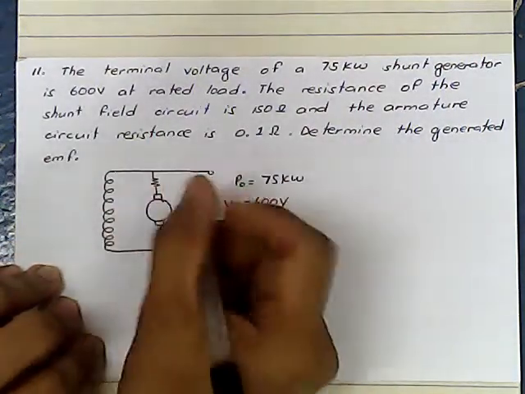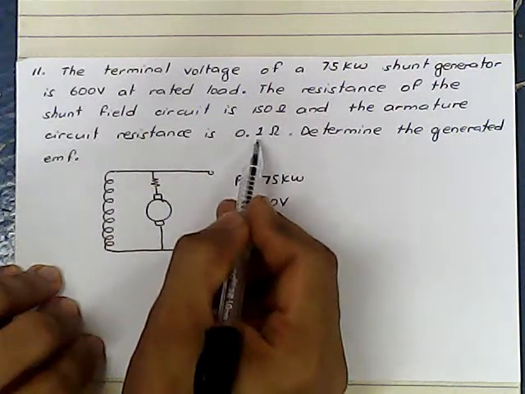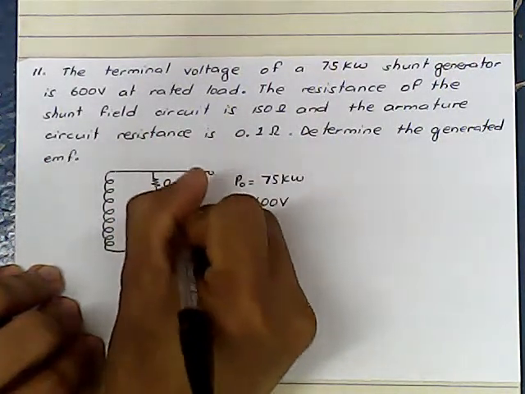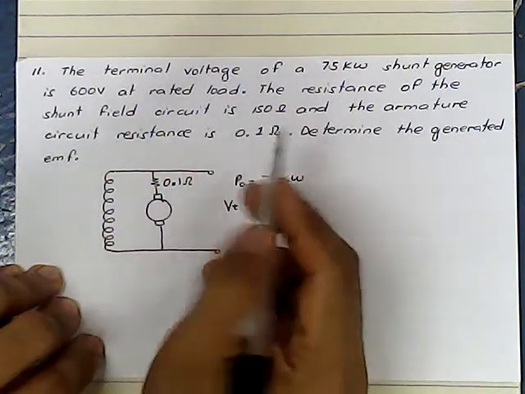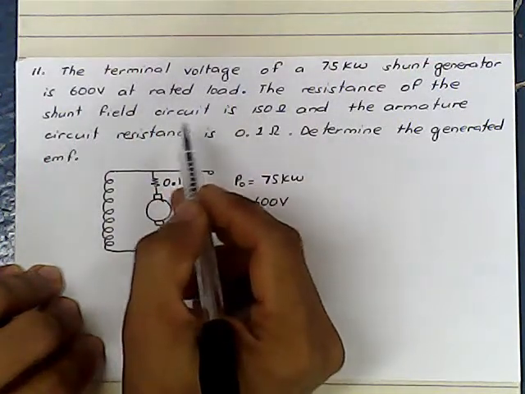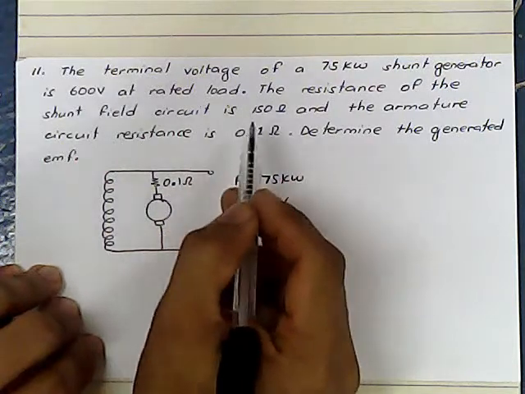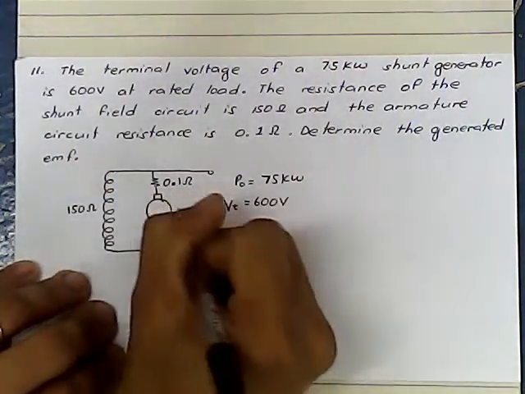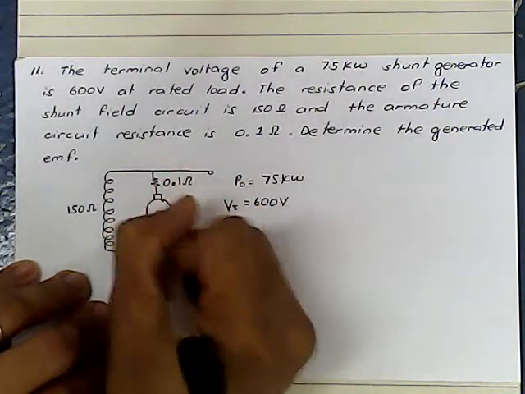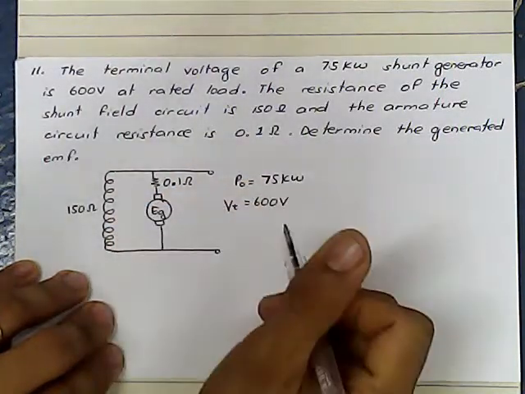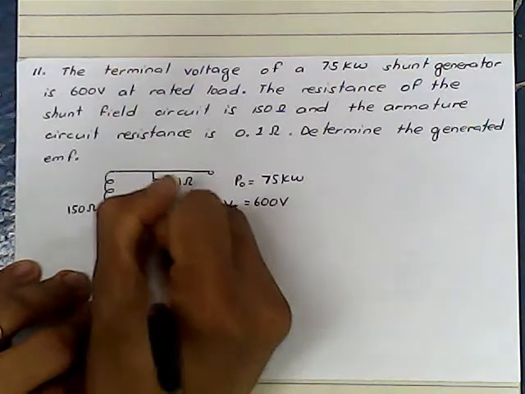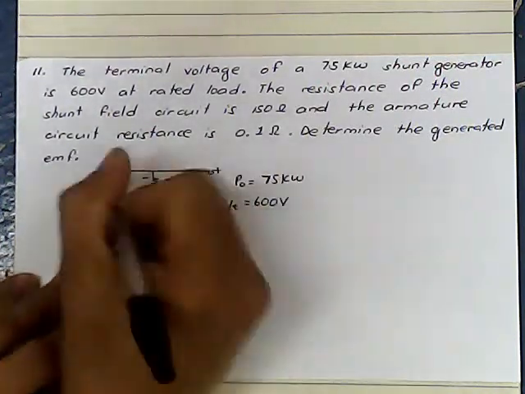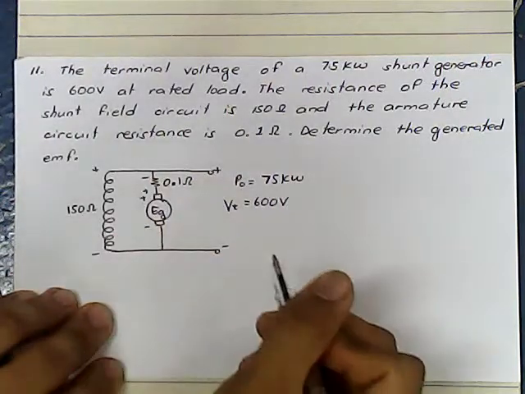Now, yung armature circuit resistance natin is 0.1 ohm. And we have the field resistance is 150 ohms. Ang hinahanap po natin dito is the generated EMF, that is EG. So, establish lang po natin yung positive and then the negative. Positive, negative, positive, negative, positive, and negative.